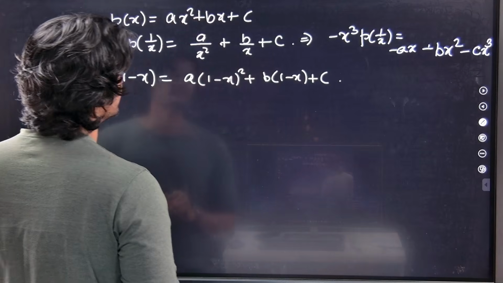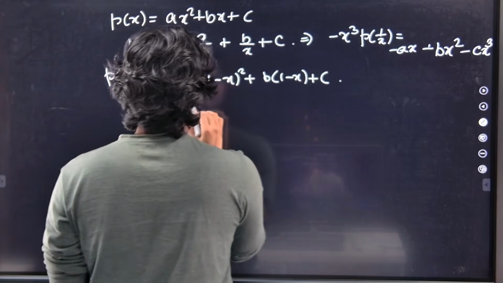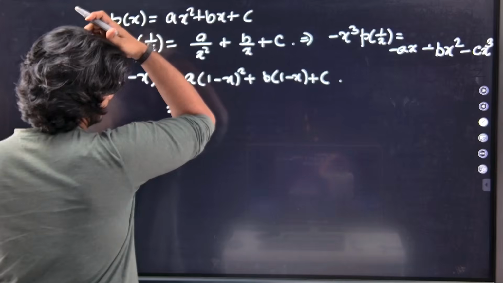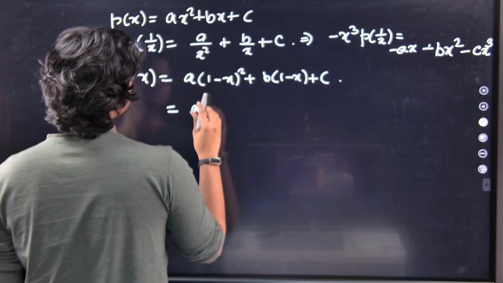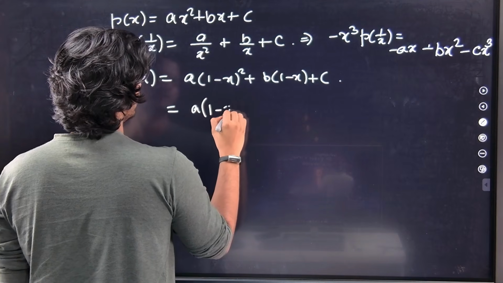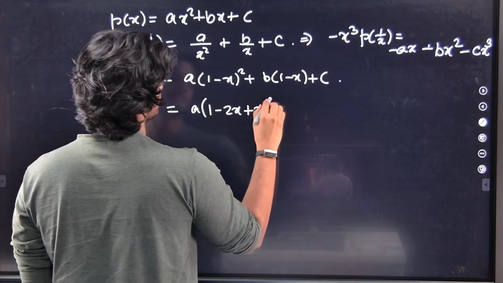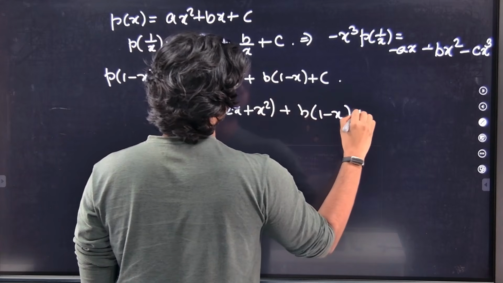Interesting, right? And this is 1 minus 2x plus x square plus b into 1 minus x plus c.